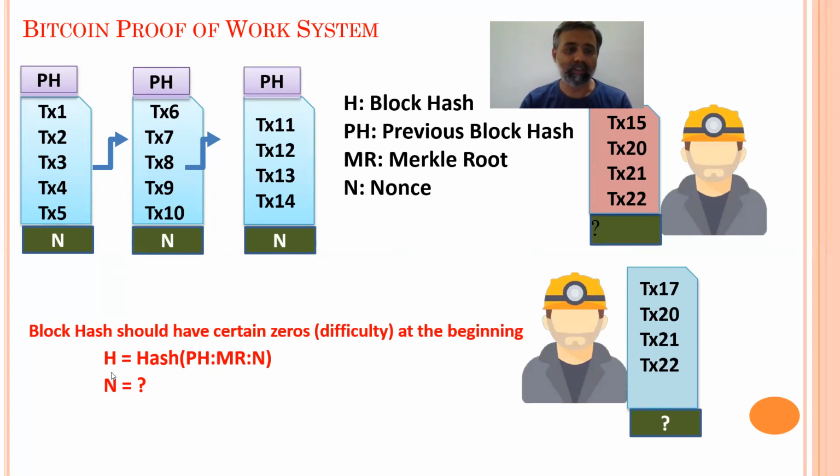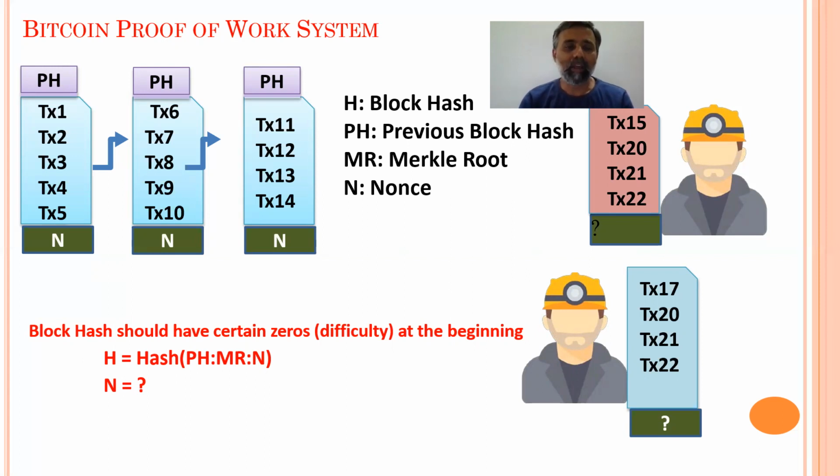This hash code is given, and the message X you can understand as the previous header and the Merkle root. And now this N, that is the nonce value, is in the place of that variable K.